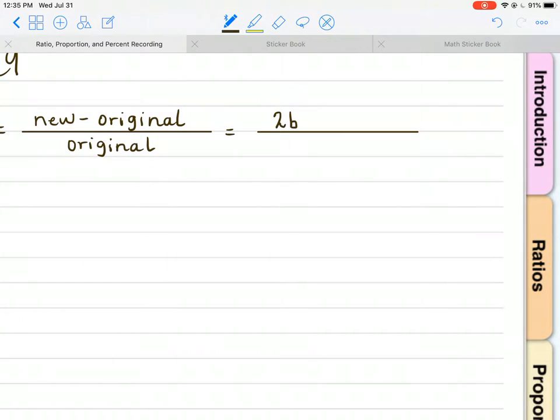I'm going to use B for birth weight, minus her original weight, which would have just been her birth weight, over the original, which again is her birth weight. So what this comes down to is 2 times the birth weight minus the birth weight over the birth weight. So I'm going to get rid of these. I just put them there mostly for those of you who have not had the algebra. But this is the equation that we need to go ahead and solve.